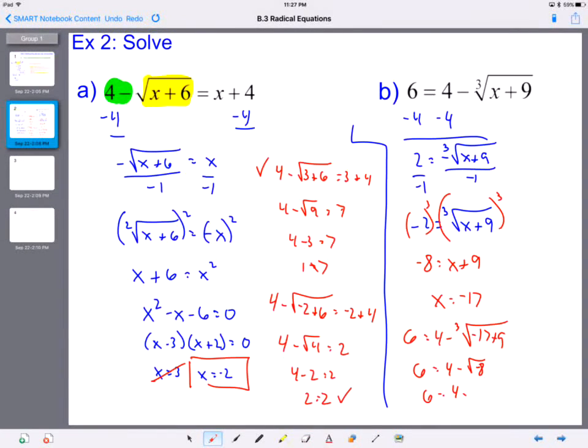The cube root of negative 8 is negative 2, so 6 is equal to 6 checks, so x equals negative 17 is your solution. So in terms of solving, once again, you're undoing the problem just like you learned how to undo the problems when you're doing linear equations and things like that. You got to isolate, get rid of the radical, and then solve and then check your solutions.